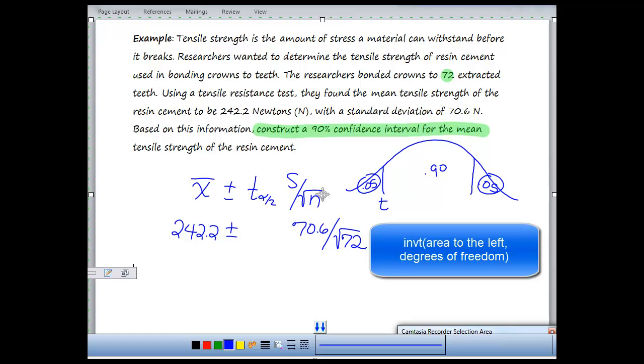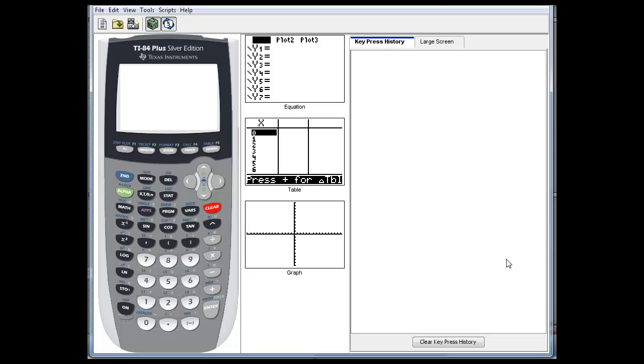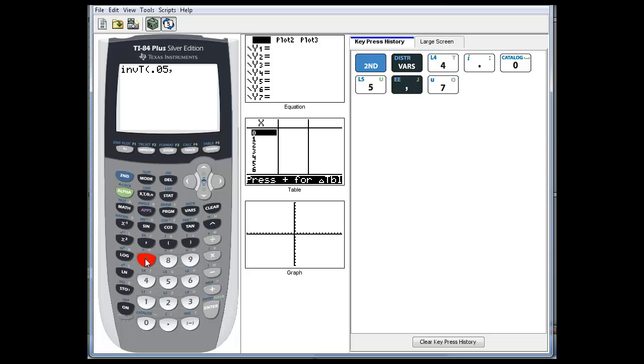So let's look at how we can get that t-value using our calculator. I'm going to go to my distribution menu. So second, distribution. Number 4 is the inverse t option. The area to the left that I want is 0.05, and my degrees of freedom is 71.